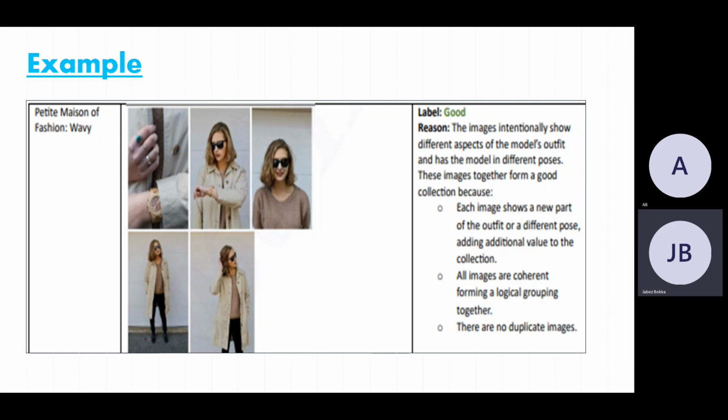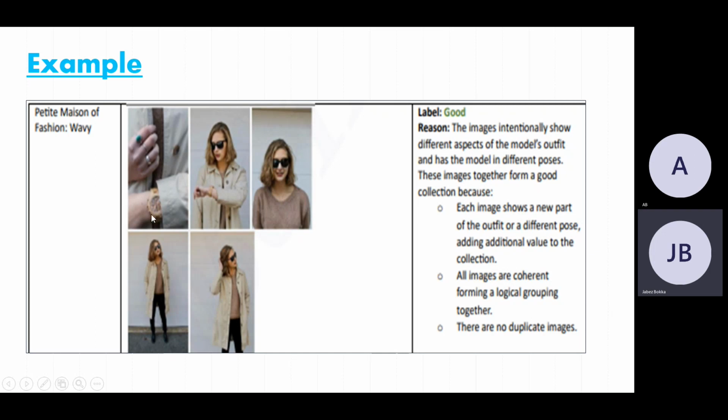Now, if we look into the example for the good rating again, here the title is Petite Mason of Fashion Wavy. Here we can see that all the images in the set are about the same model, but each shows a different outfit of that model.